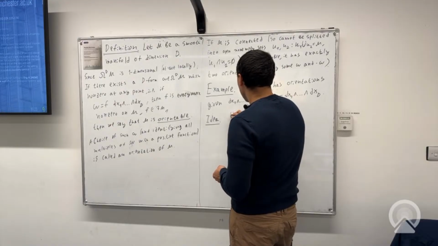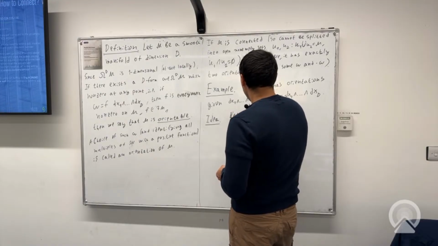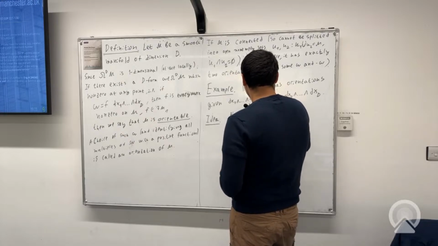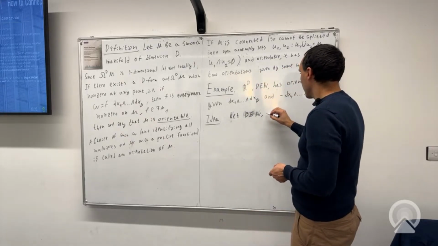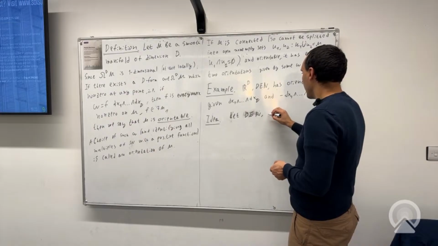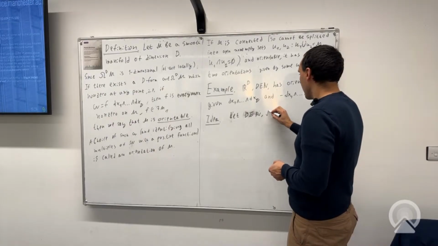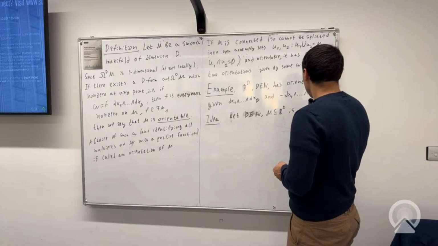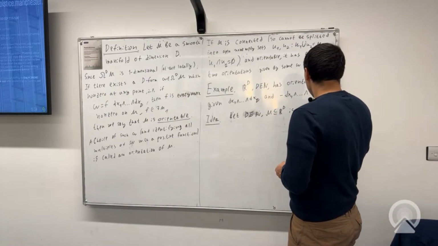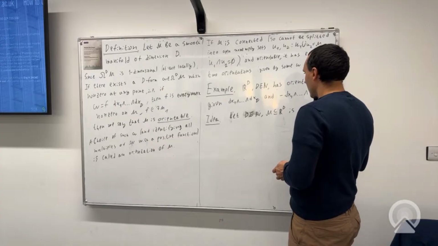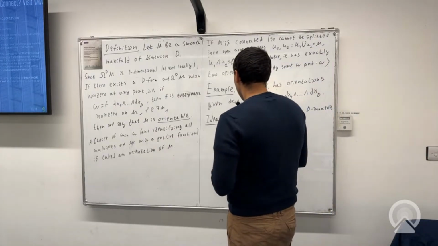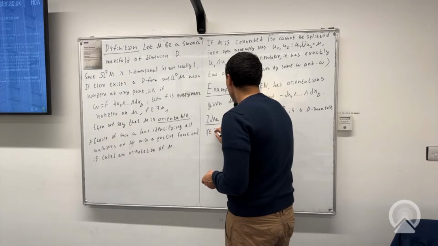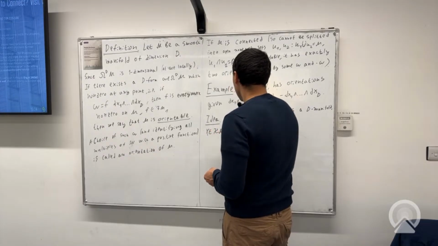So let M in Rm be a D-manifold, and X a vector field.